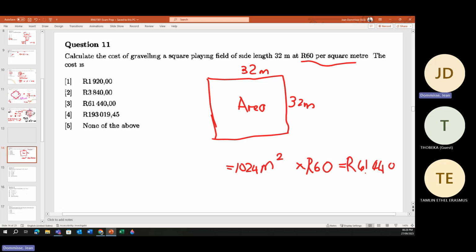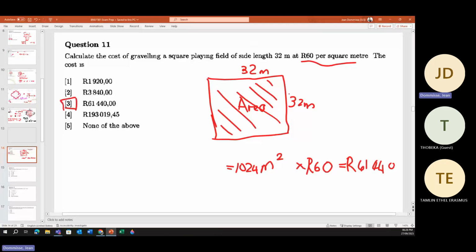So it will cost us 61,440 rand to gravel the area, and there is luckily an answer for that.